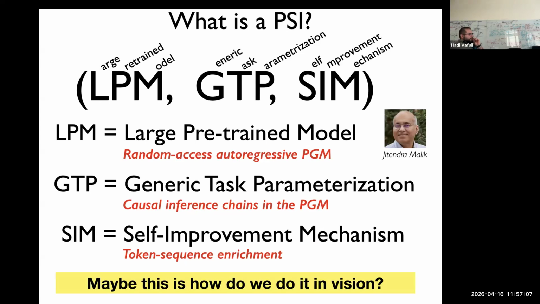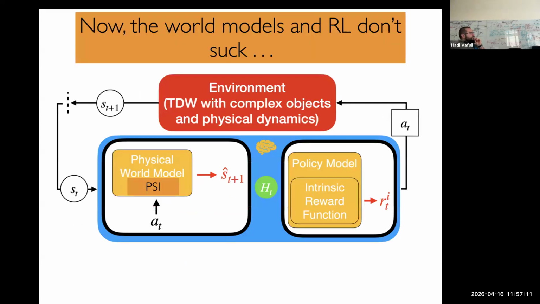Now I'll just close by talking about Allison's point. Years ago, I thought a lot about artificial curiosity signals, and I basically stopped working on it. I have a picture here of an agent. The agent has a world model and a policy model.